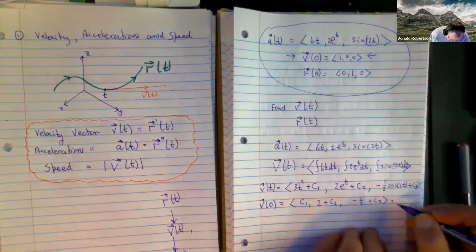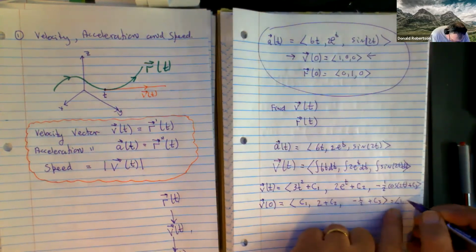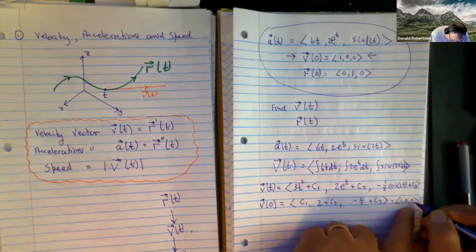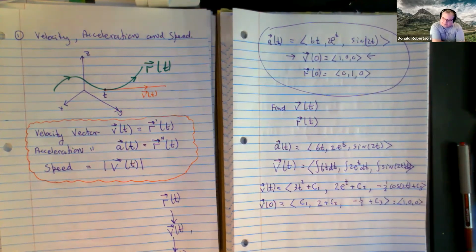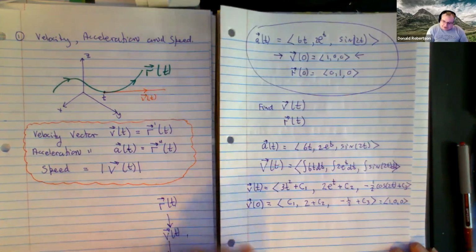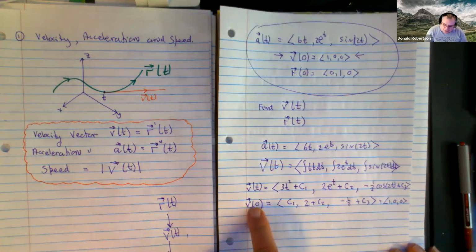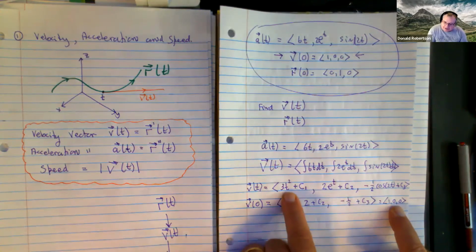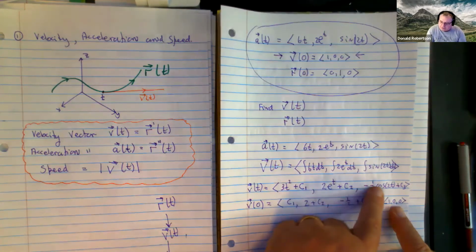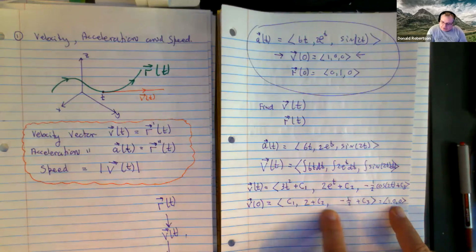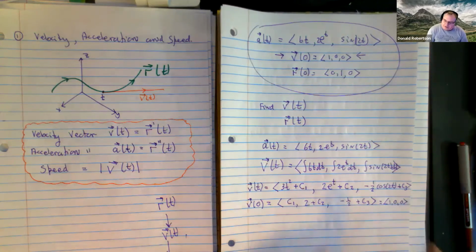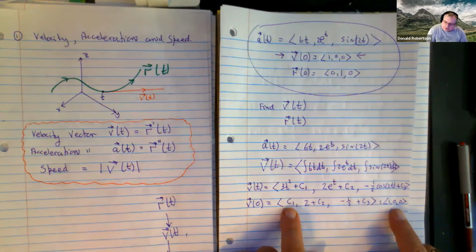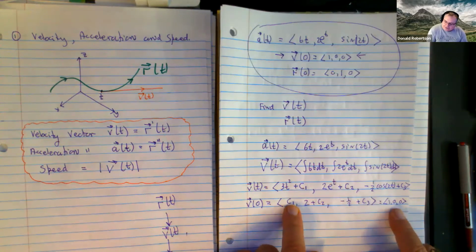And that is going to equal 1, 0, 0, because we were told that. So we are using the boundary condition that the velocity at time 0 is this vector, plugging in 0 into our general solution to come up with this relationship. Do you see how this is going to allow us to find out what numbers C1, C2, and C3 are going to be equal to? How am I going to do it?